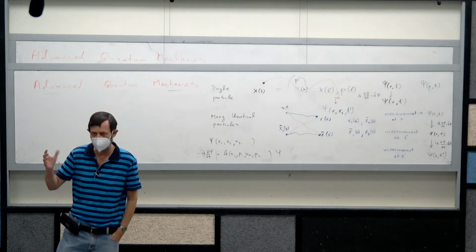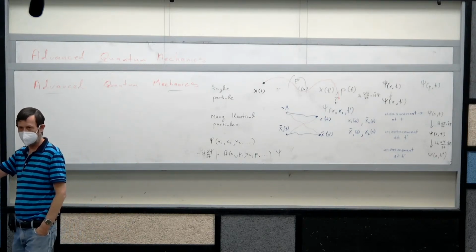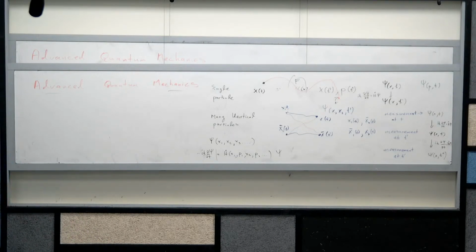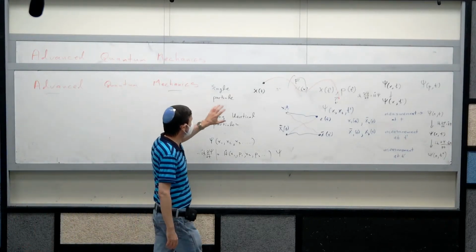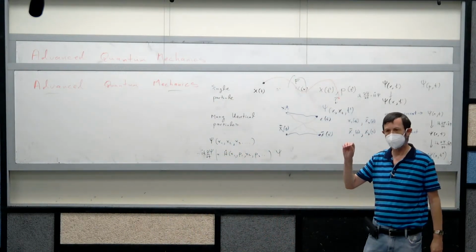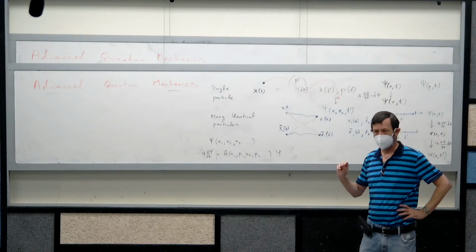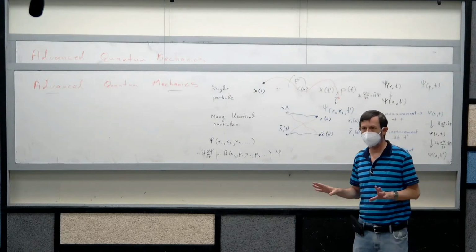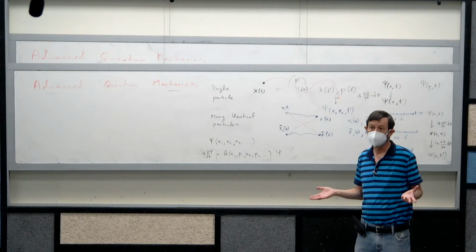We'll see that you can get both massless and massive phonons. Okay, so what is the idea? The idea is, instead of starting with a system of a point that has x and p classically, I start with a field.